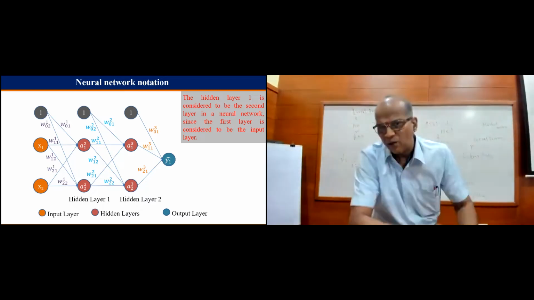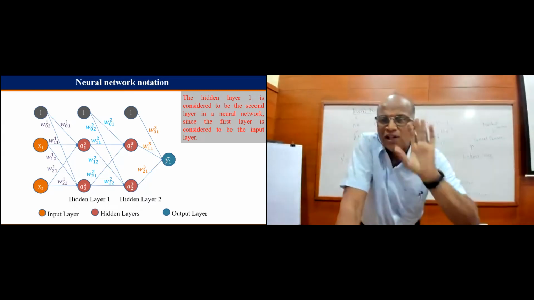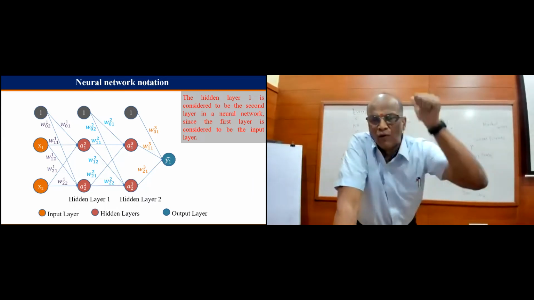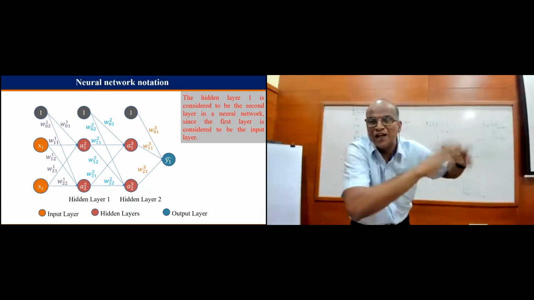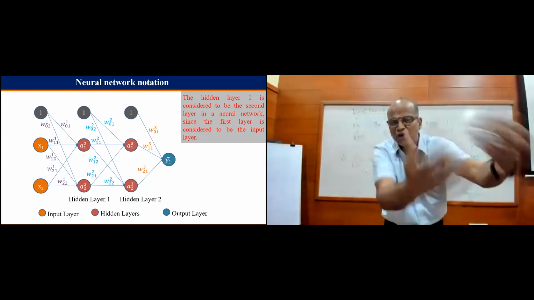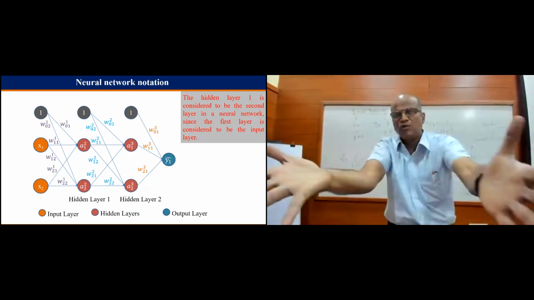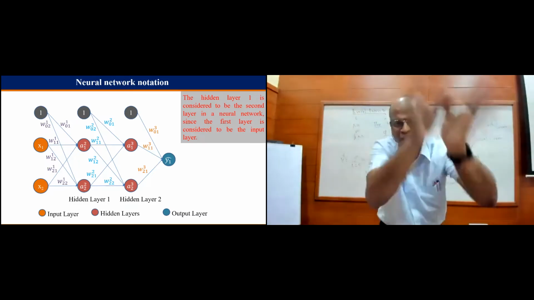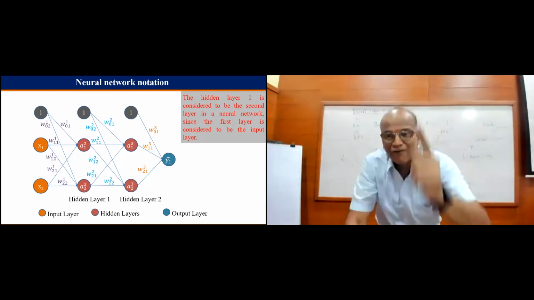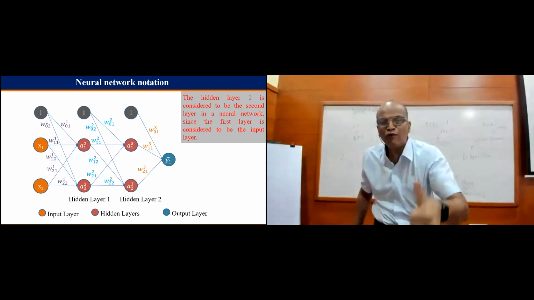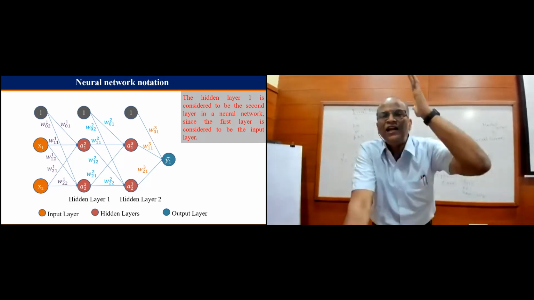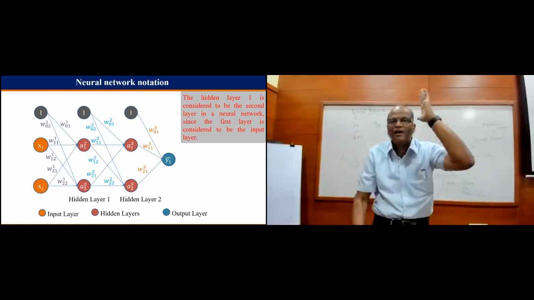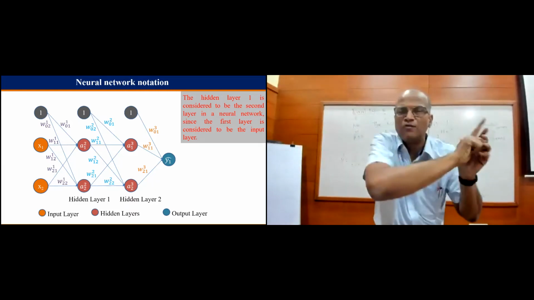Now, let us say that I want to look for A13. A13 gets input from 3 fellows. One is the bias unit. The other two are not X1, X2, because X1, X2 are already processed and go on to an intermediate layer. Now we have got A12 and A22. Therefore, A13 gets information from the previous layer, the second layer.